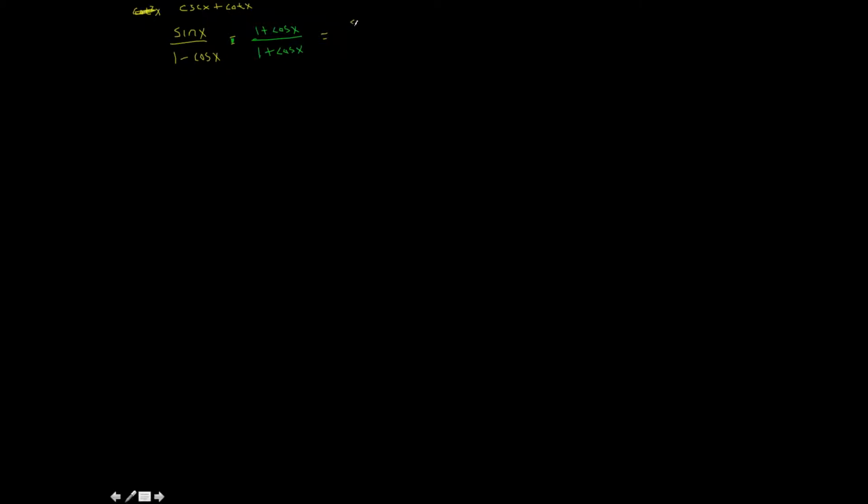So on top, you get sine x times 1 plus cosine x. And on the bottom, you're going to FOIL these two out. And remember, this is a difference of squares problem, so you're going to get 1 minus cosine squared when you FOIL those two out.